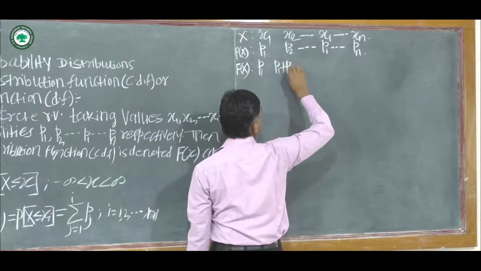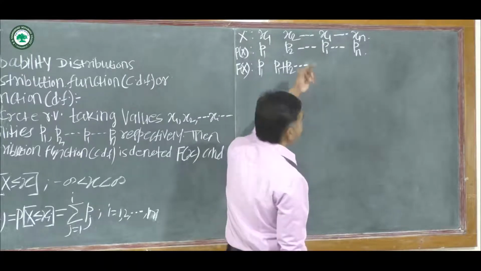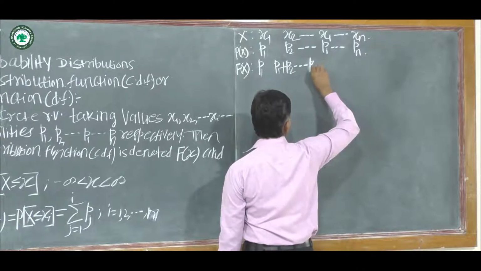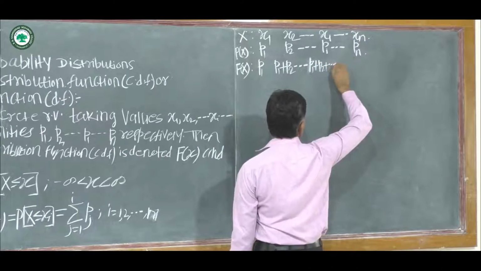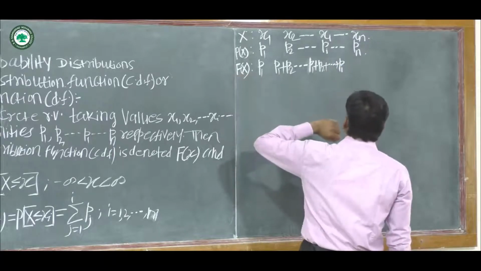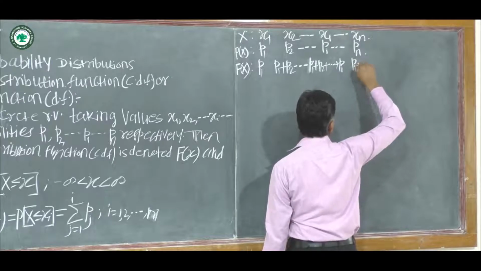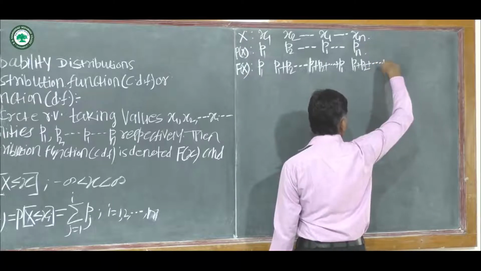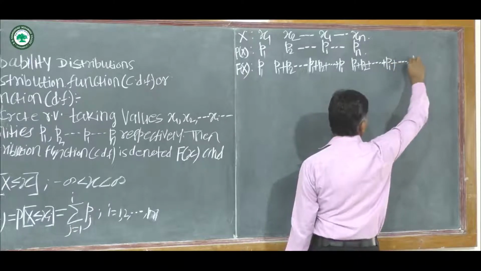p1 plus p2, and capital F of x at xi is p1 plus p2 plus so on plus pi, and distribution function at x equal to xn is p1 plus p2 plus ... plus pi plus ... plus pn.